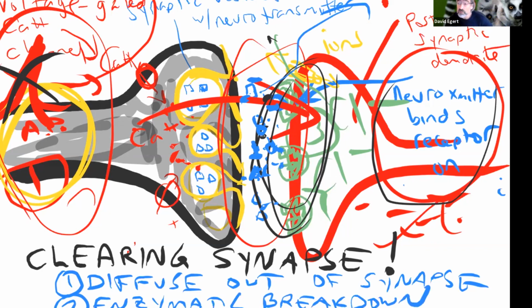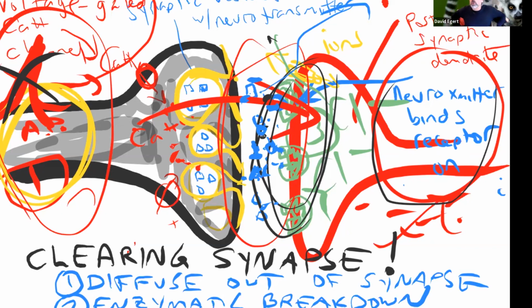For instance, in acetylcholine synapses, often there is an enzyme called acetylcholine esterase that is anchored in the synapse and breaks down the acetylcholine, so it doesn't just keep lingering. One of the drugs they use to help people with Alzheimer's is an acetylcholine esterase inhibitor.